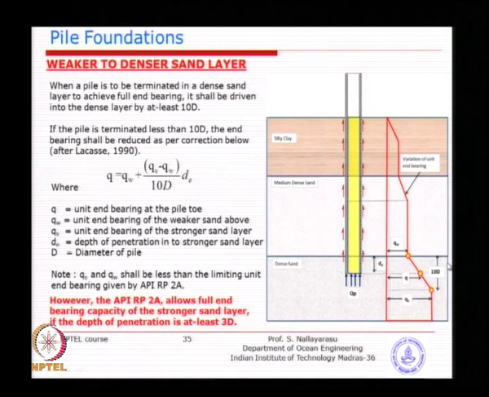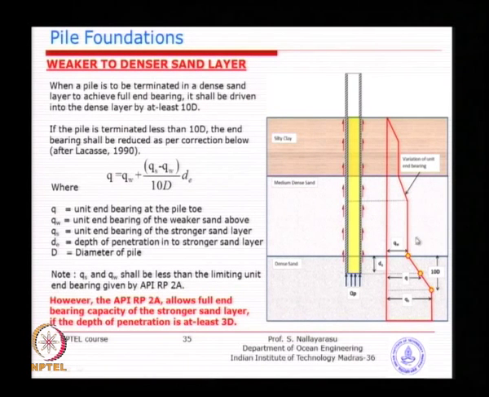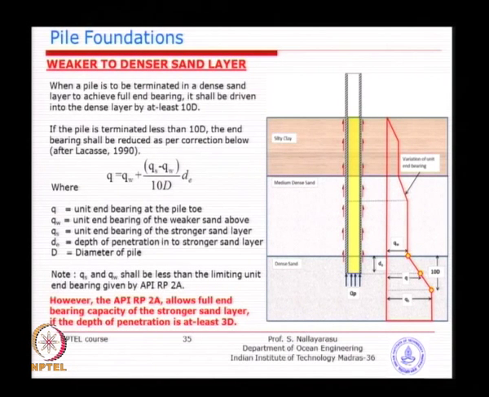So, you can see here, when you penetrated the pile 10 diameter, you take the capacity of the denser layer, whereas anything less than this you can't take the full capacity, you can do a linear interpolation between the denser layer and the less dense layer. So, that is the idea behind.